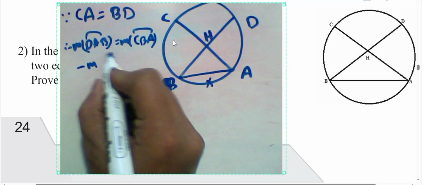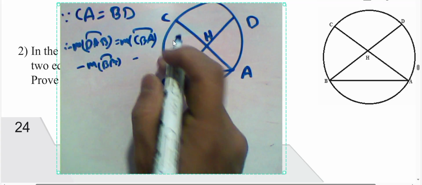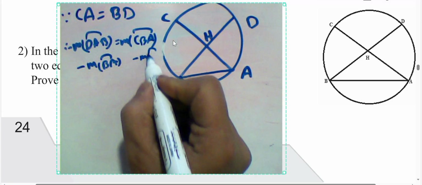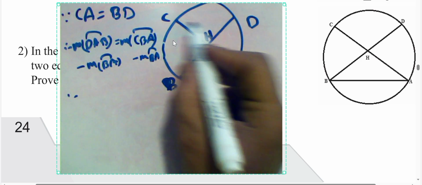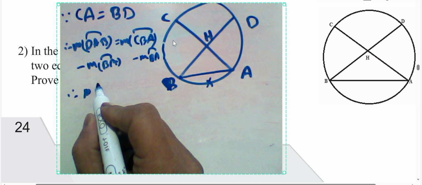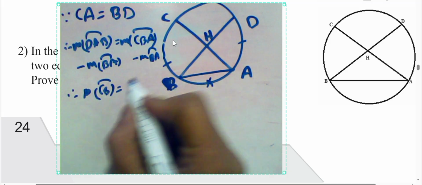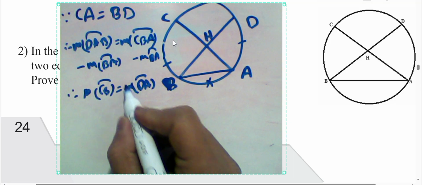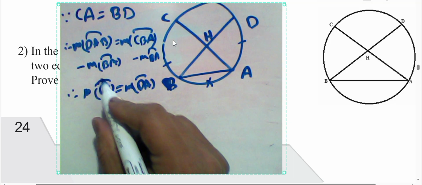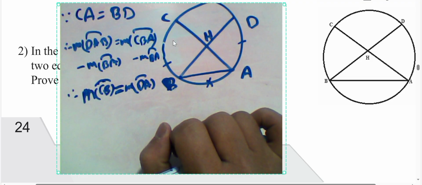Cancel here the measure of arc BA from the left hand side, and cancel here also the measure of arc BA. In the remainder, we have the measure of arc CD equal to the measure of arc DA. They are equivalent. Two arcs are equivalent.